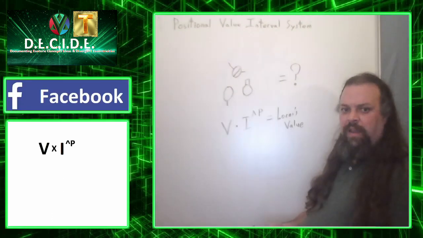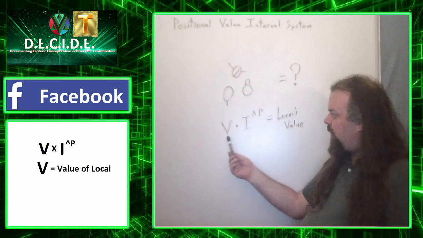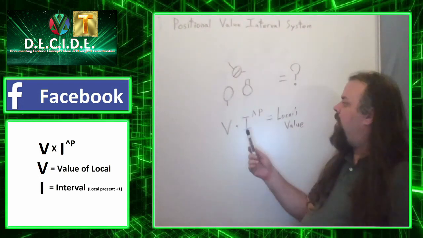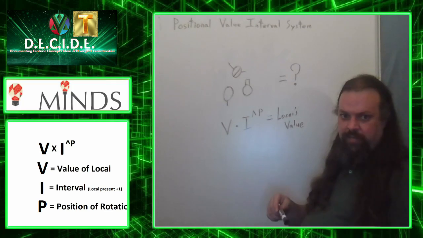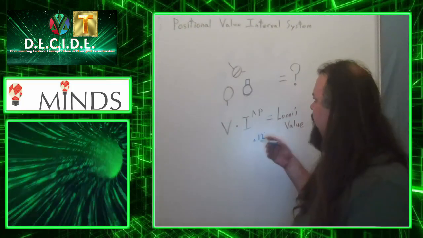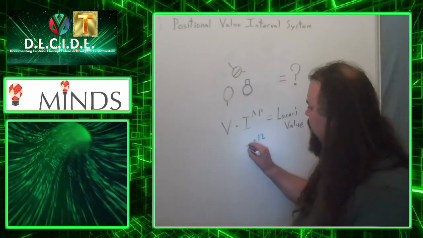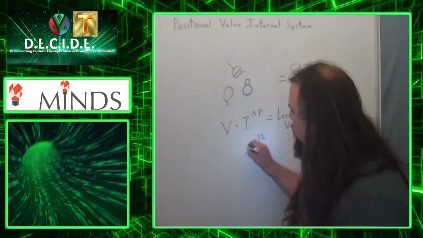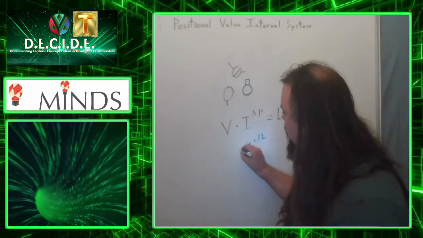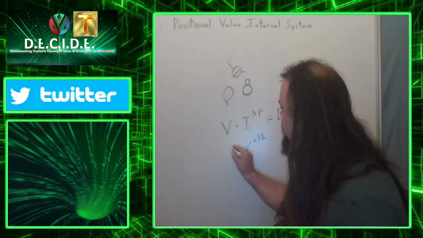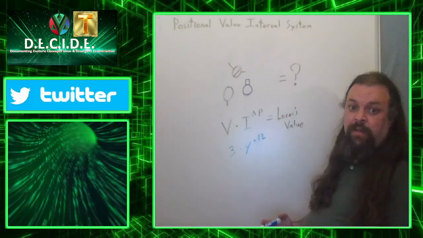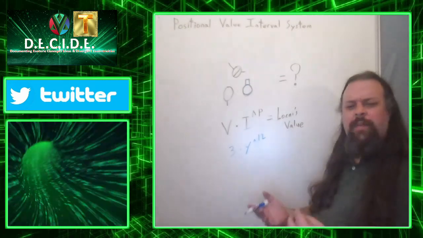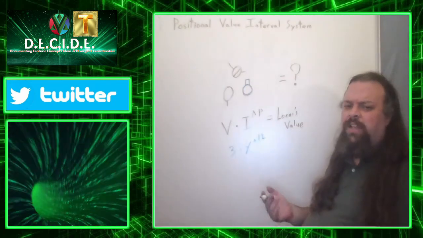The PVI calculation is the value of the loci multiplied by the interval of the numeral raised to the power of the position of the rotation. As such, we have P equals 12 with an interval of 4 at value 0.3, or 50,331,648.